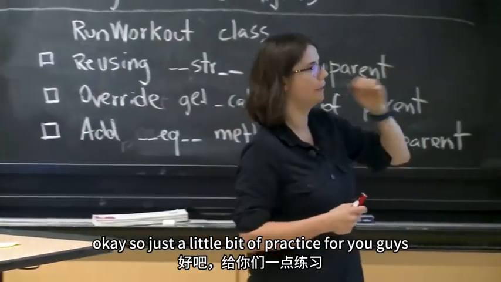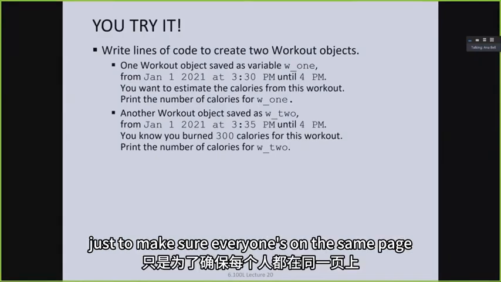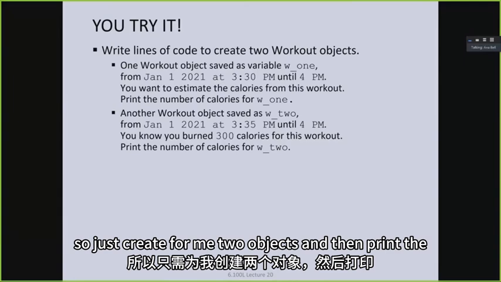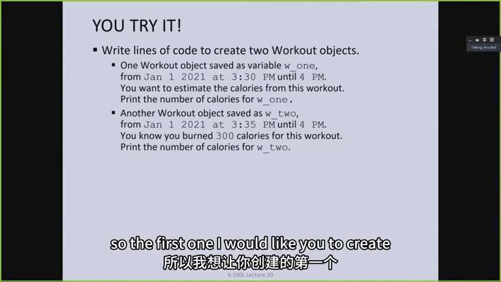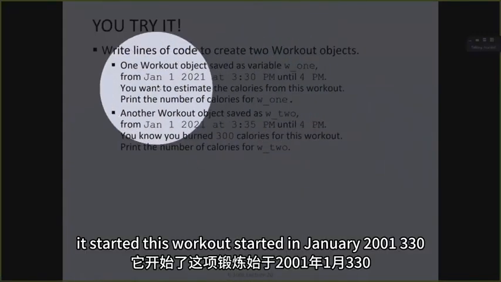Okay, so just a little bit of practice for you guys to create a couple of workout objects, just to make sure everyone's on the same page, that we understand what a workout object is. So just create for me 2 objects and then print the calories for these workout objects. The first one I would like you to create, name the variable w_1.